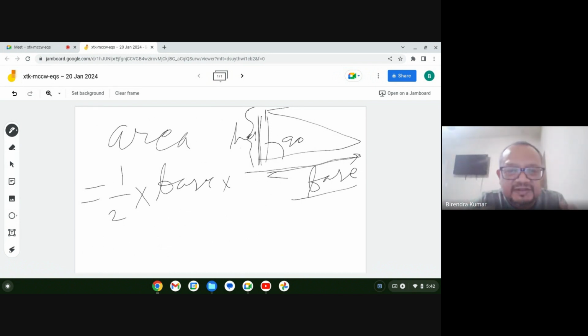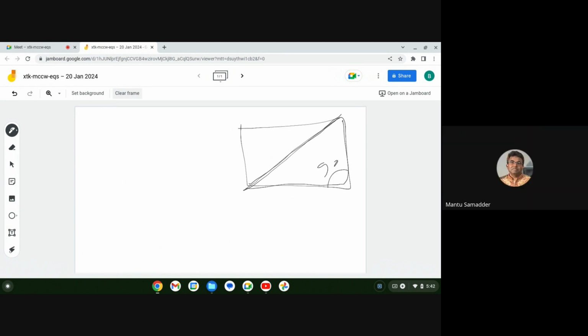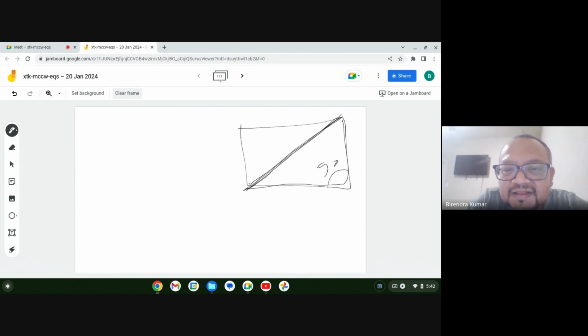This is how we derived the area. How is a right angle triangle born? A right angle triangle is born by joining the two corners of a rectangle. This is a right angle triangle, this is 90-degree, and that divides the whole rectangle into two parts.